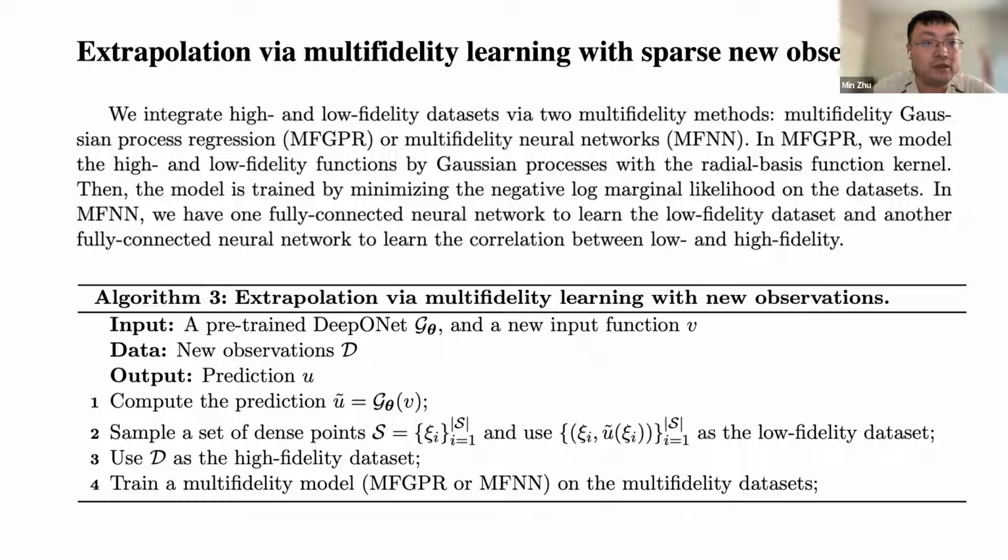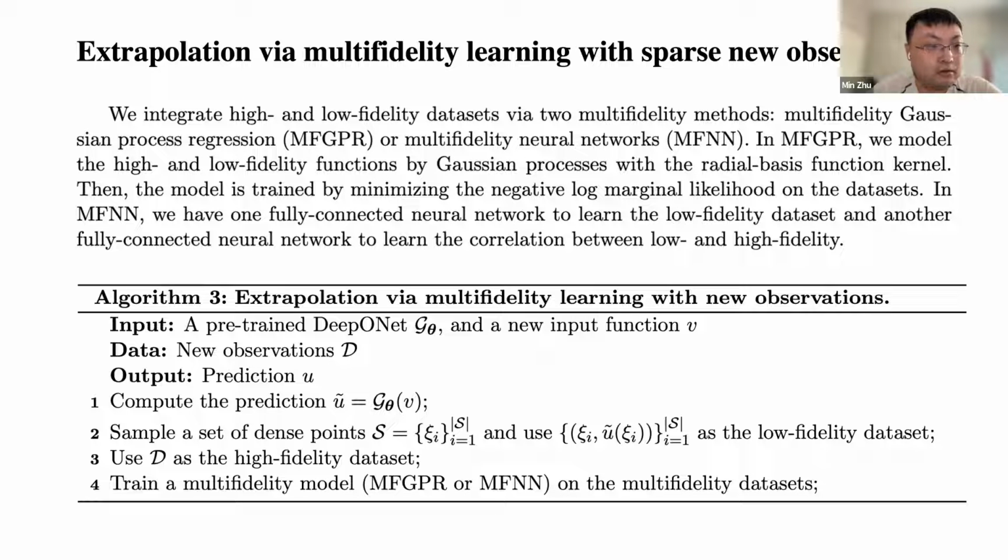Then the model is trained by minimizing the negative log marginal likelihood on the dataset. In MFNN, we have one fully connected network to learn the low-fidelity dataset, and another fully connected neural network to learn the correlation between the low and high fidelity.